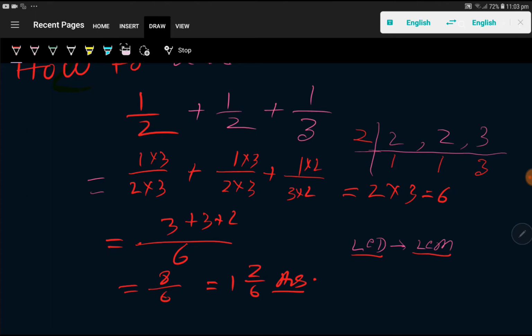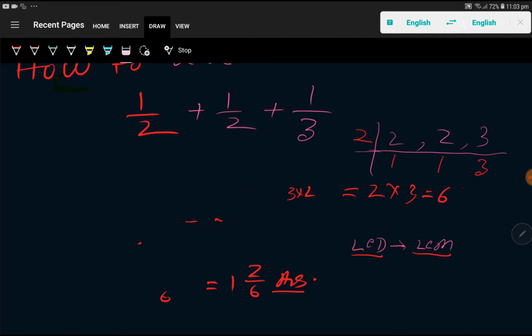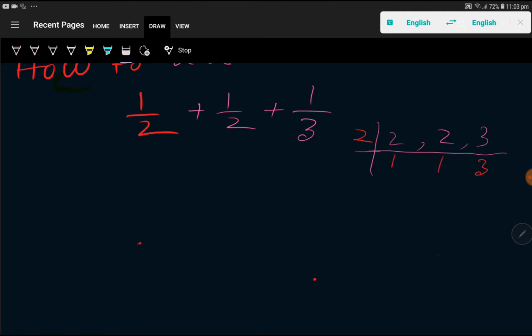Okay, let me show you another method so you can do it more quickly. Look, here we note the same denominator.